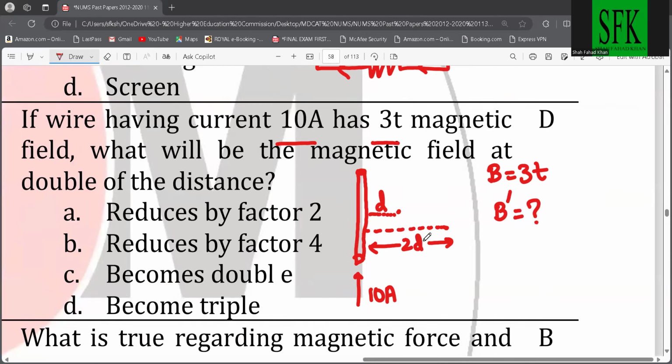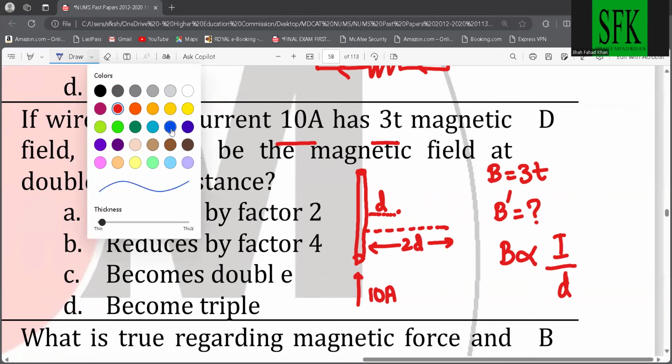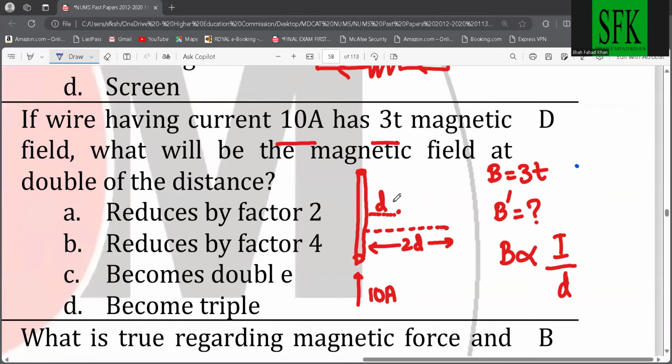What would be B prime? So first of all, you need to know the formula of B and its relationship with D and I. B is directly proportional to the current passing through it and is inversely proportional to the distance from it. Okay, it's inversely proportional to the distance at which you are taking the measurement of B. So now current is staying constant, so you're not doing anything to the current at all, right?